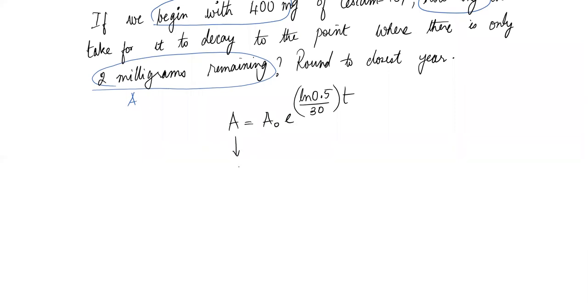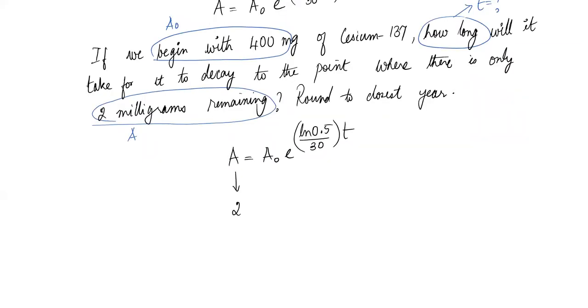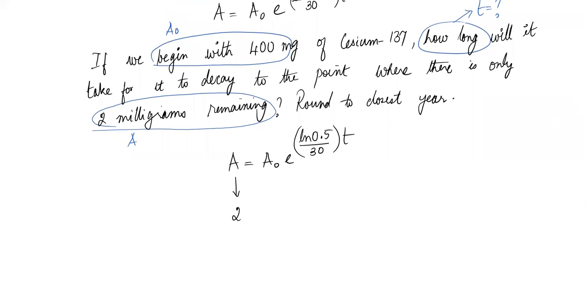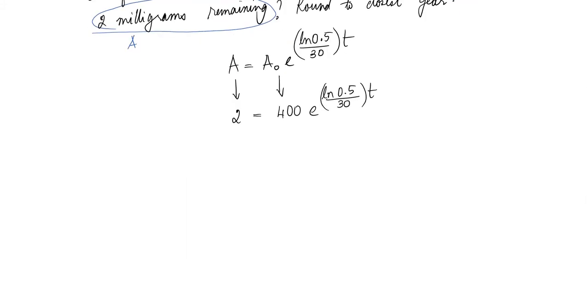So your A is 2. And also note that 400 is measured in milligrams and the remaining amount is also measured in milligrams. So we're good here. Otherwise, we have to do the conversion. So we started with 400 milligrams, but it's now reduced to 2. So 2 equals 400 e power ln 0.5 over 30 times t. All right, now it's time to do the math part. 2 divided by 400, that's what's swapping.